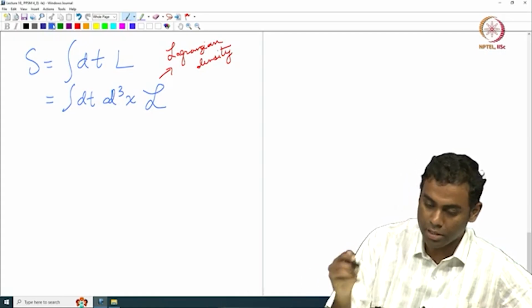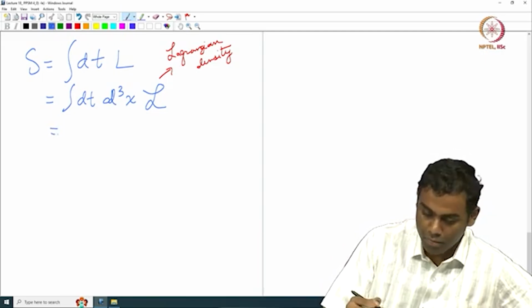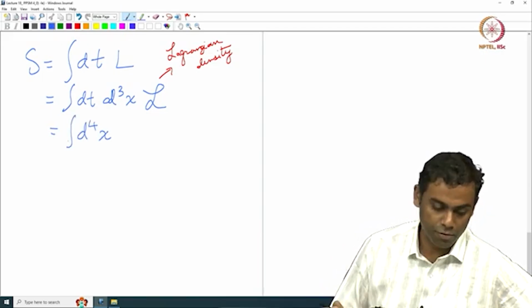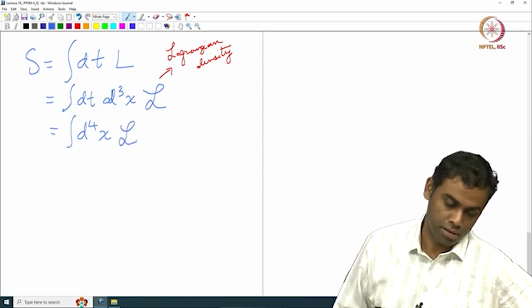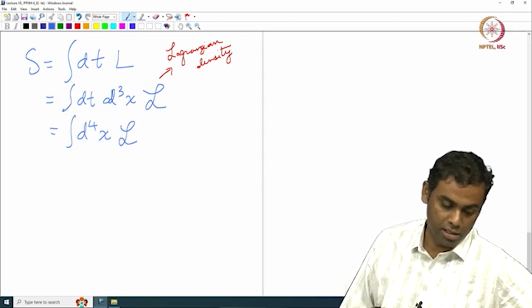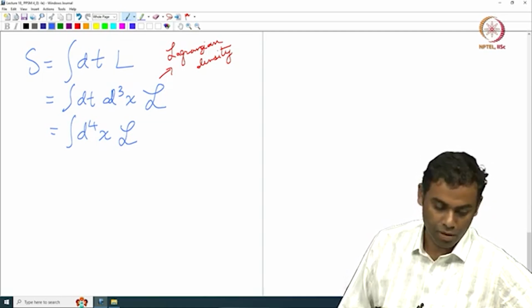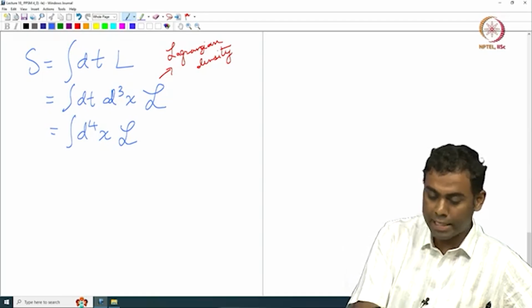So once I have it this way, it's convenient to write the measure as a d4x, and then of course the integrand is still the Lagrangian density. Alright. Now here is the key thing here.